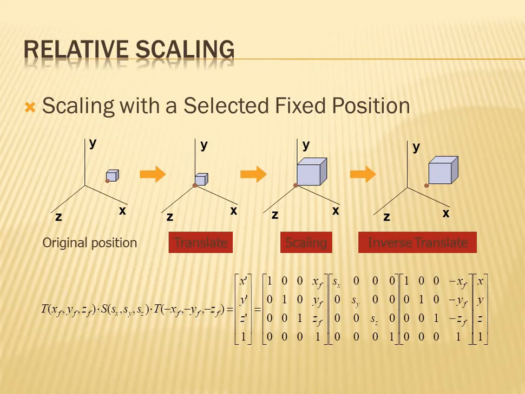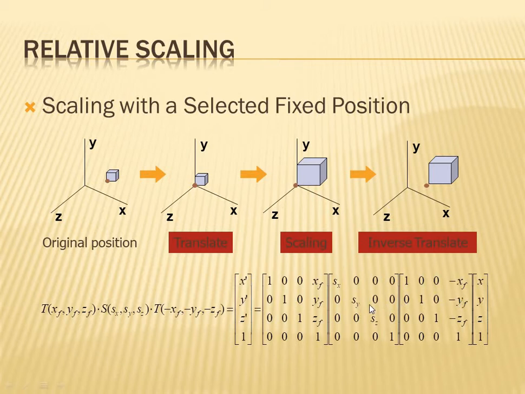For that the translation factors will be minus xf, minus yf and minus zf. With the help of this matrix, the object will be translated and the fixed point will coincide with the origin.